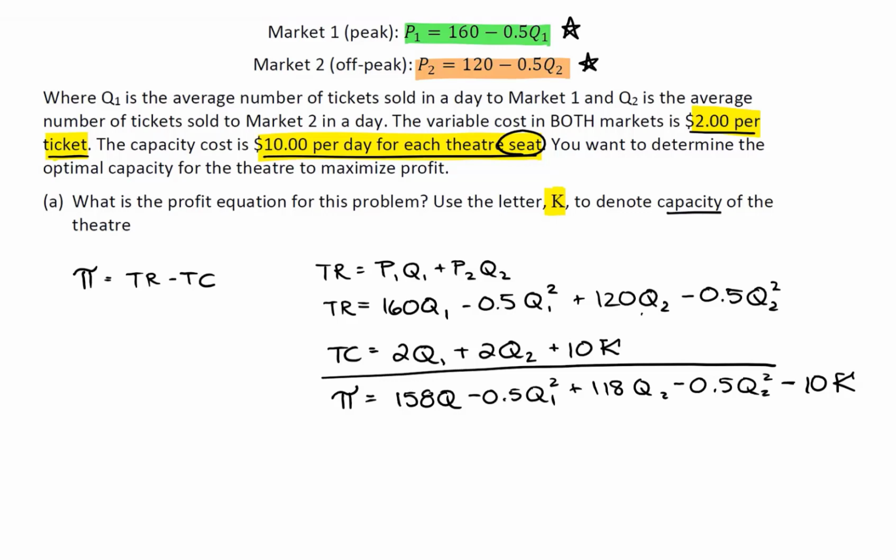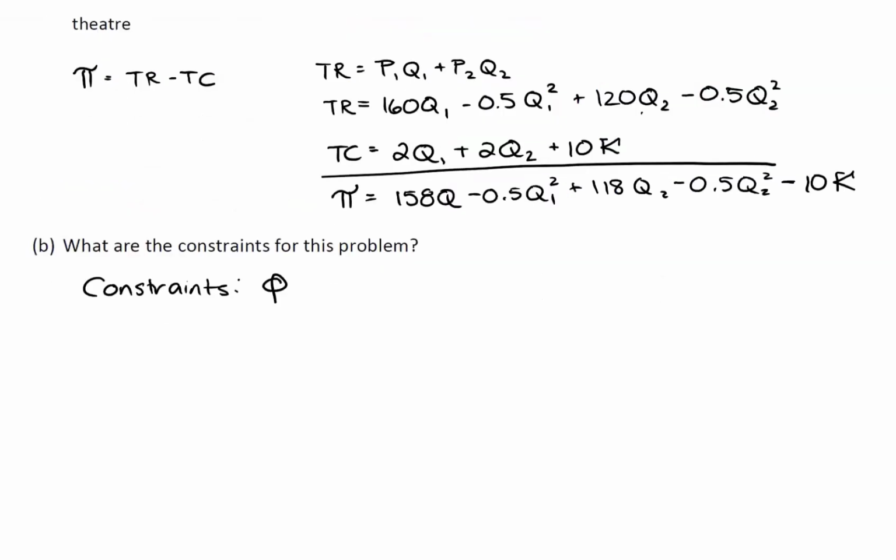So when we're dealing with a capacity problem, the quantity that we can sell is limited by that capacity. In this problem, constraint 1 is that market 1's number of tickets sold must be less than or equal to the capacity.